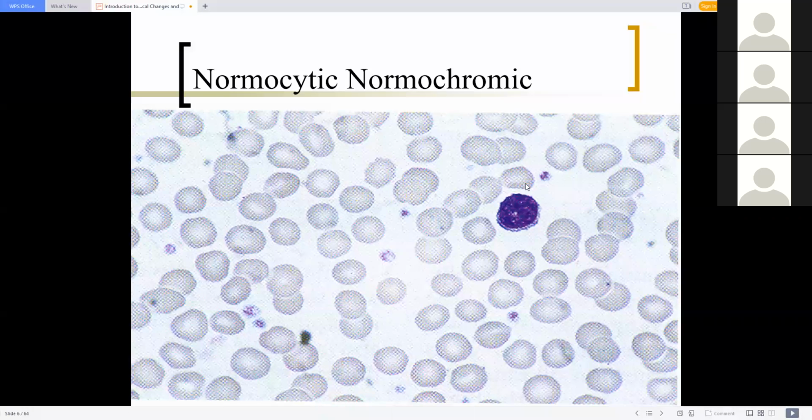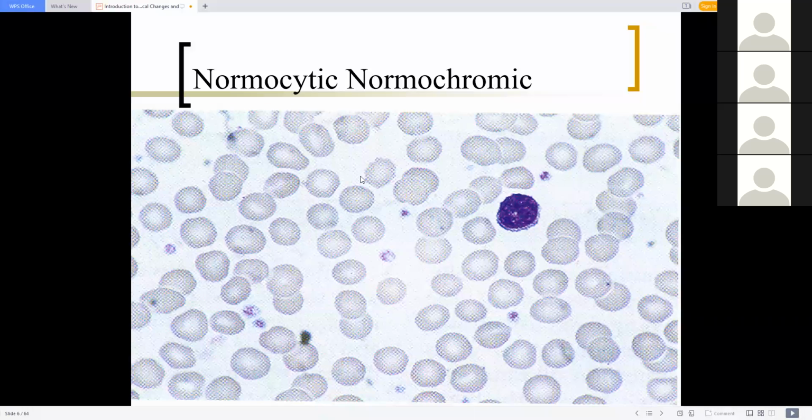And the dark cell here that I've put is a small mature lymphocyte, which is one of the normal white cells in peripheral blood. The reason I have put this small lymphocyte here is because when we are looking under the microscope, the small mature lymphocyte is almost the size of the red cell.